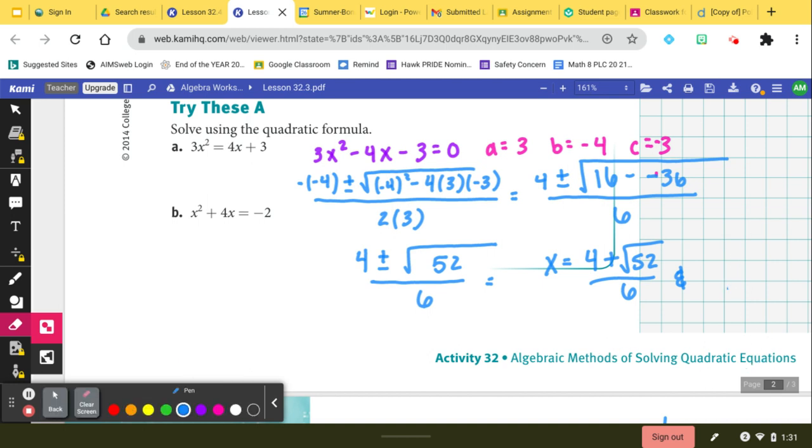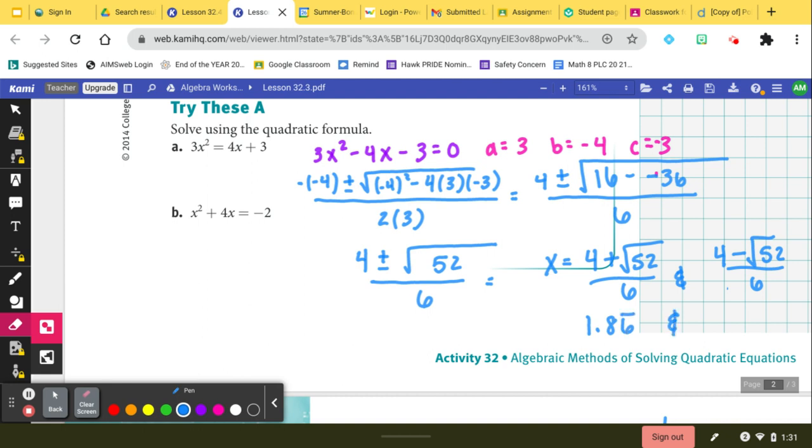and 4 minus the square root of 52 over 6. And then just plugging that into my calculator, the square root of 52 is equal to 7.21110. So we'll just round that to 7.2. So we get 4 plus 7.2 divided by 6. So one of my solutions is about 1.86 repeating.